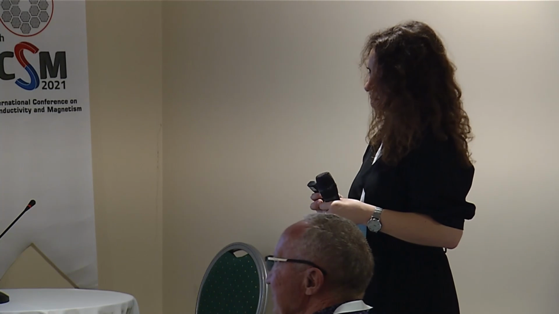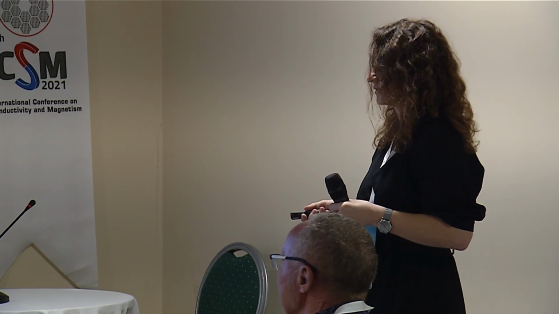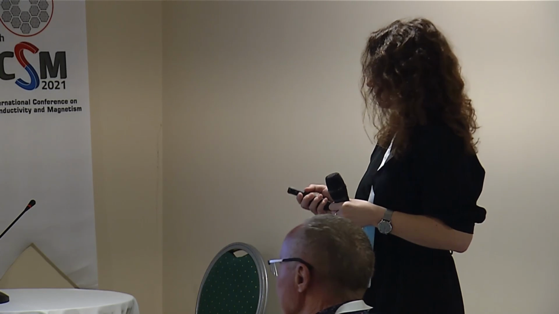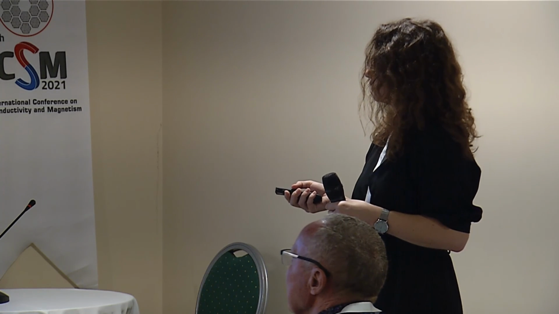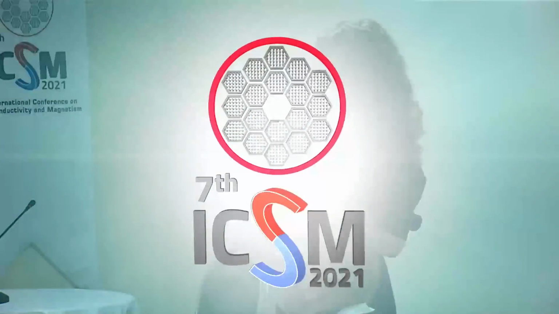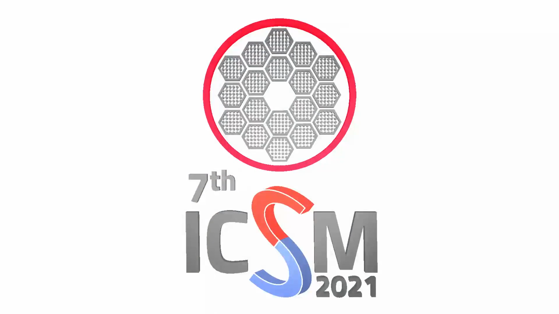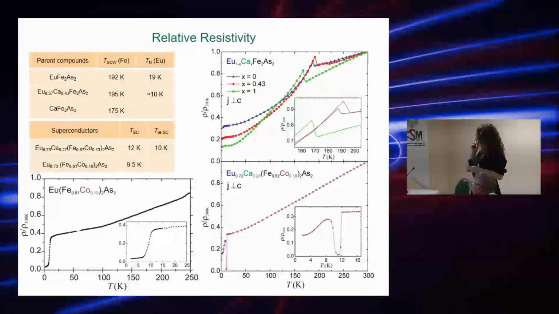I have a short question. In the beginning, you have shown a resistive anomaly below the critical temperature Tc. Haven't you observed a similar anomaly in other iron-based superconductors?